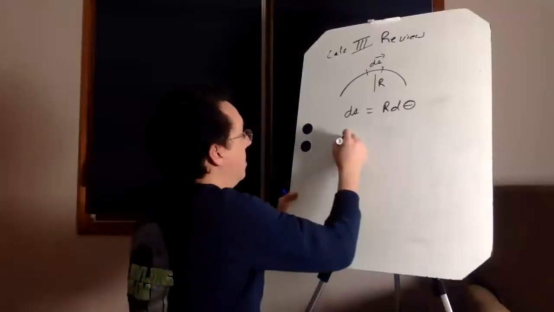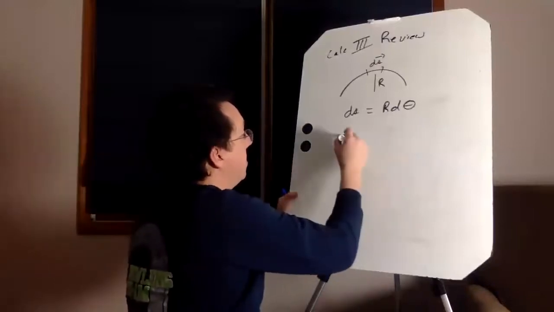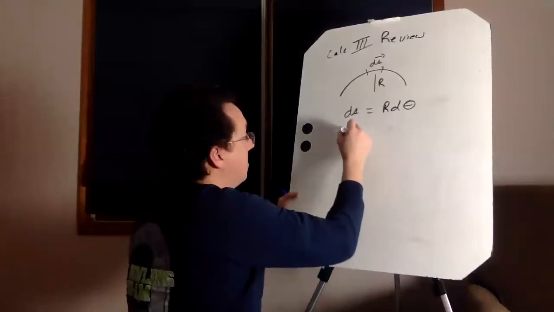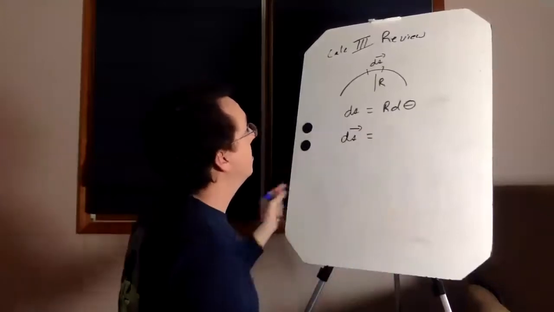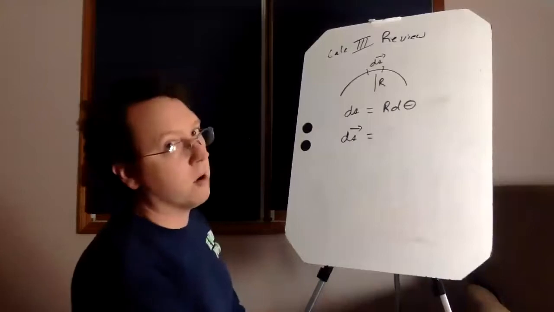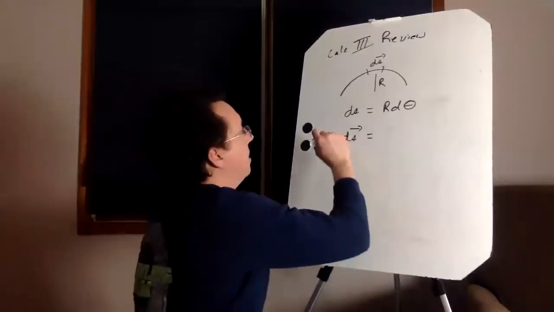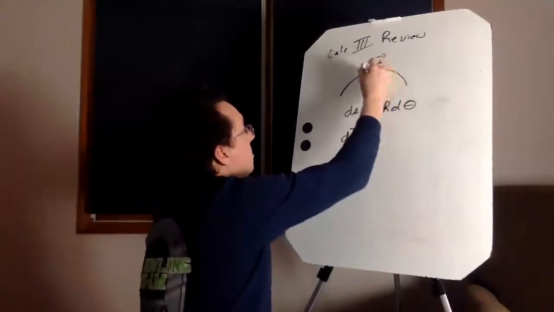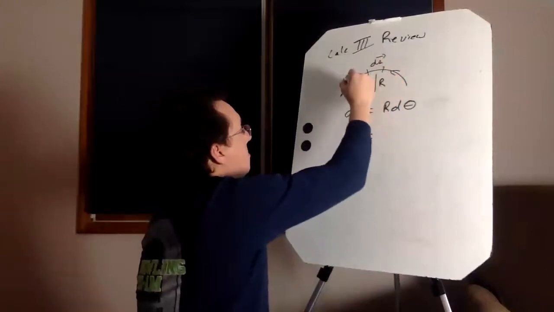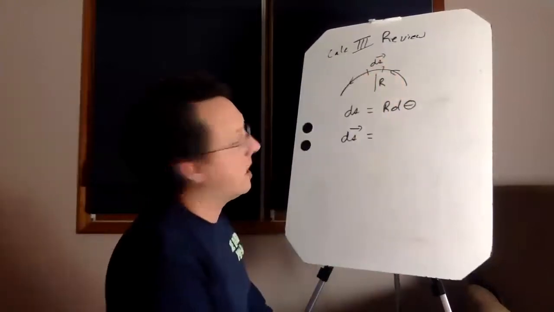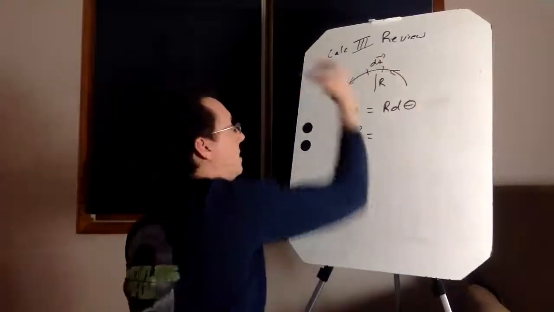But ds vector then, well, we have to mark a path. So let's say that we were going counterclockwise, arcing like that.